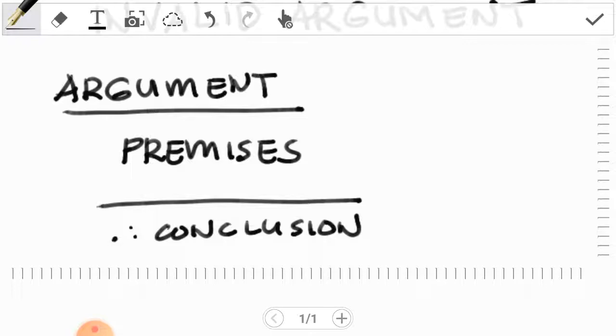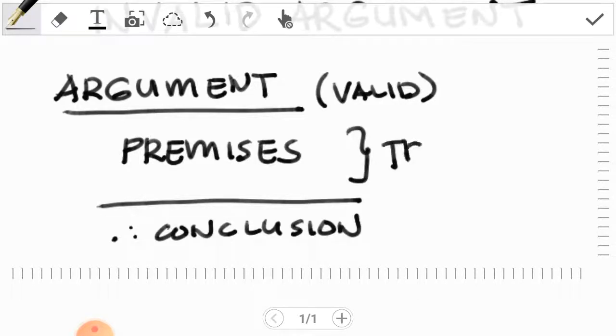And that means that our argument will become a valid argument if each premise has a true value and the conclusion also has a true value. So that's what we have done before.